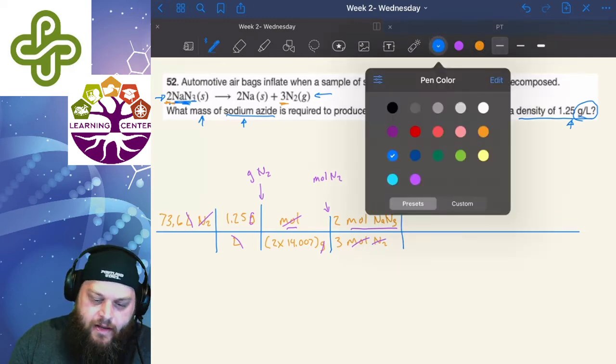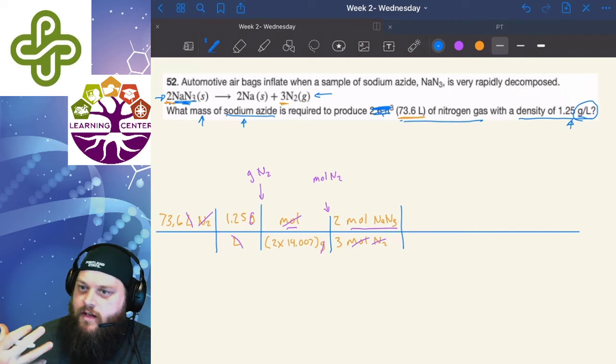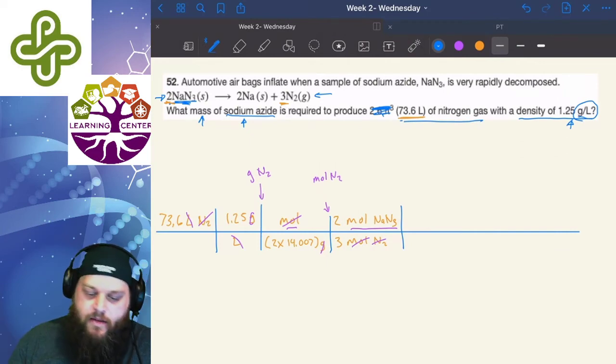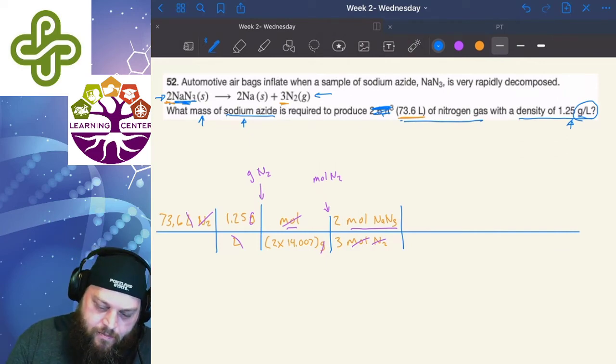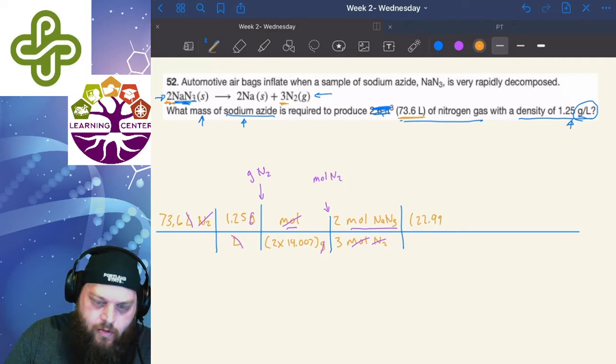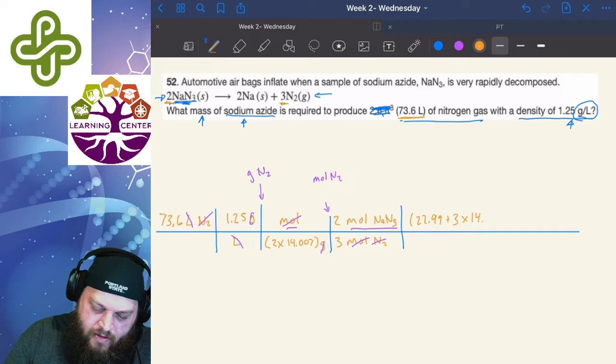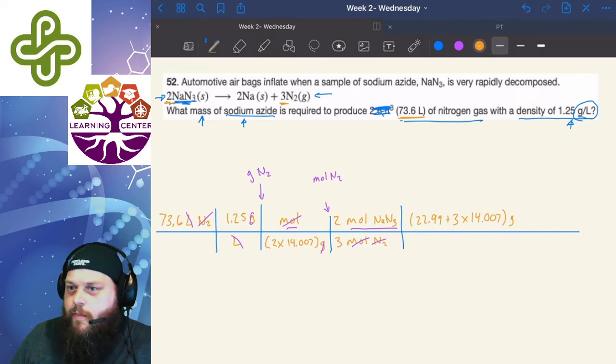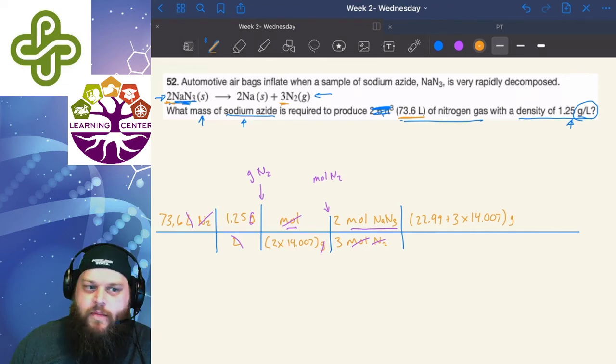And instead of dividing by it, because now we have moles on the top instead of grams, we need to multiply. So multiplying, if we look up, sodium is 22.99 grams per mole, plus 3 times our nitrogen. And you just look those up on your periodic table. It should have the average molar mass there, and use that.